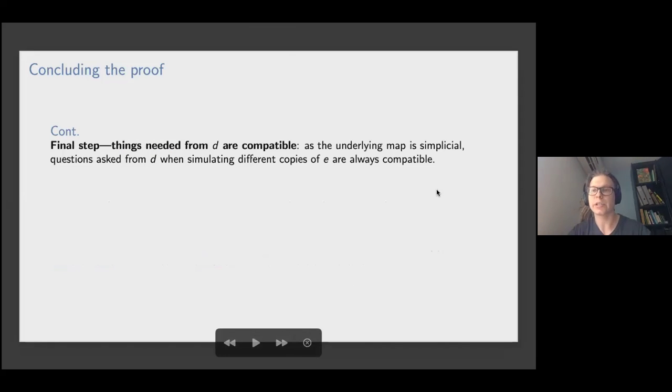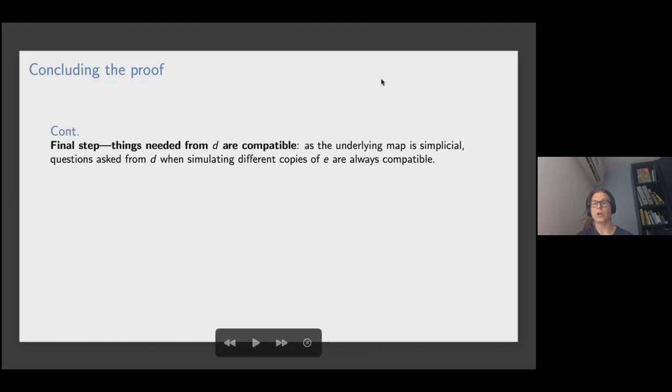And now let's see how this lets us conclude that we only need a compatible part of D. Part of this definition of something being a map of scenarios or a simulation is that we have a simplicial map, which means that compatible questions get transformed to compatible questions.